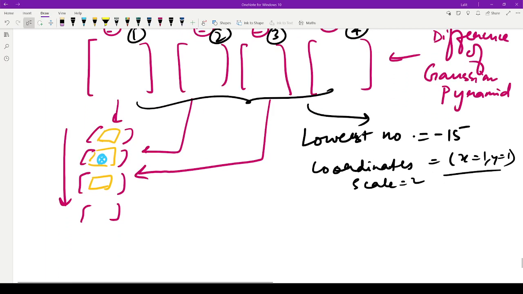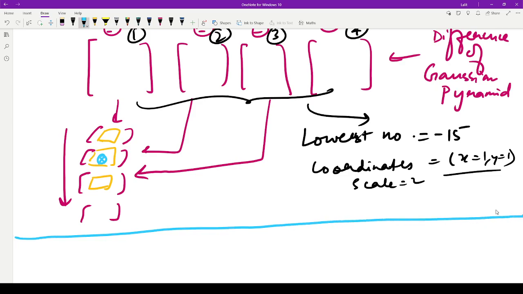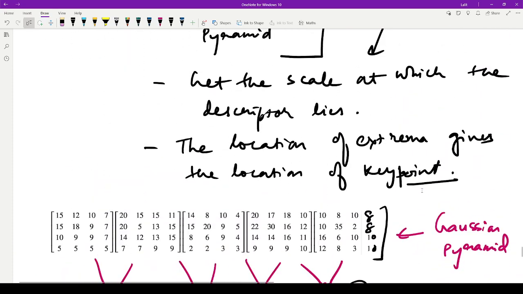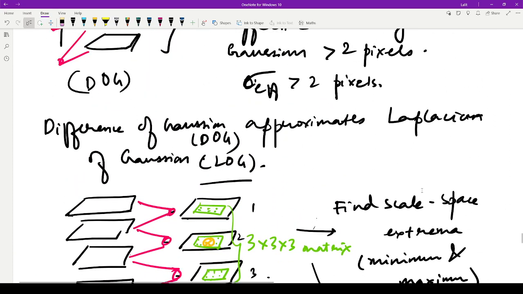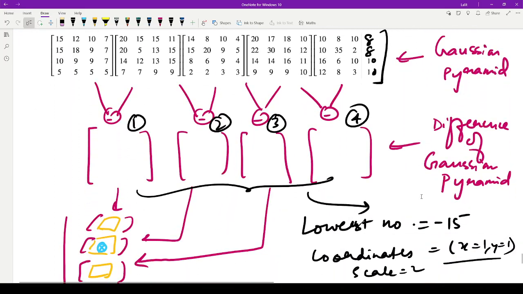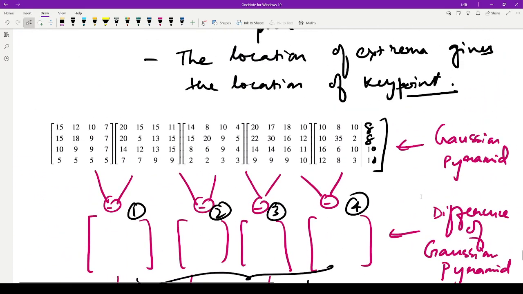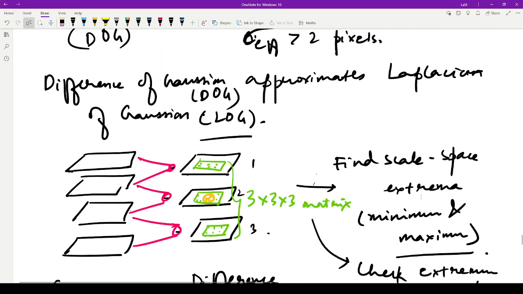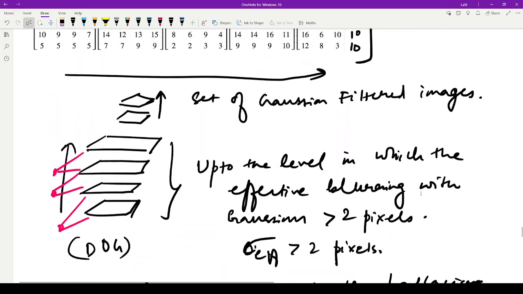So any doubts on how to approach this question? Okay. I guess this gives some clear idea about how the SIFT detector part works.